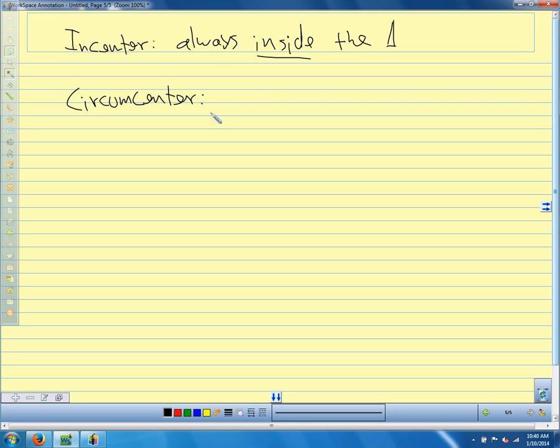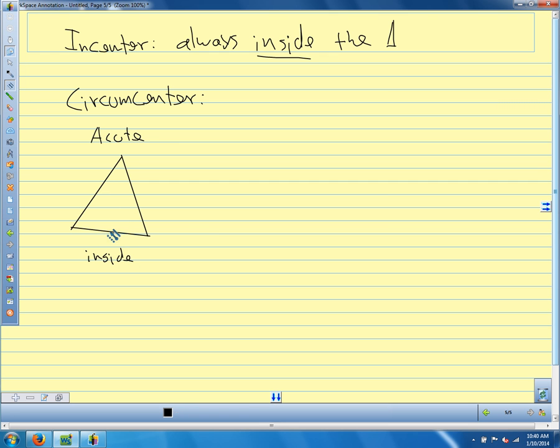We have three possibilities. If we have an acute triangle, our circumcenter is inside. So let me draw it. This is not necessarily going to be perfect, but we get an idea of where our circumcenter is. So our circumcenter is inside.